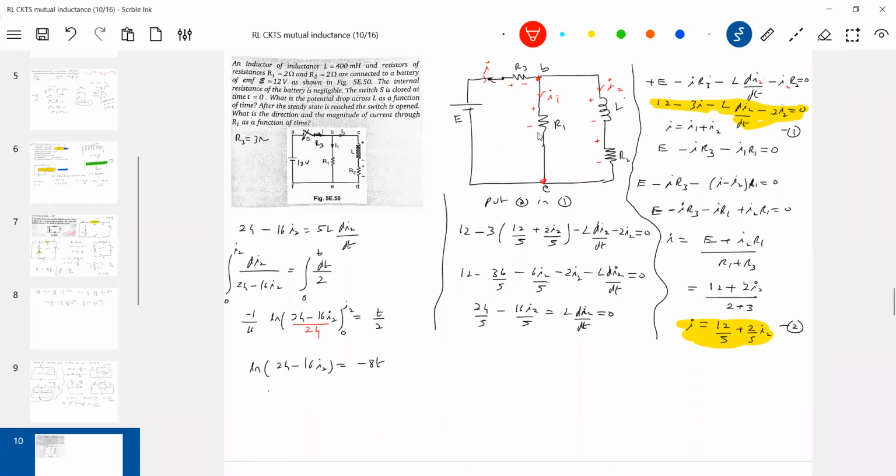So this should be, substituting this by 24, I2 is equal to, okay, we'll make the correction. So the final value will be 16 by 4, that is 3 by 2 into bracket 1 minus e to the power of minus 8t. Yes, 3 by 2 bracket 1 minus e power minus 8t.